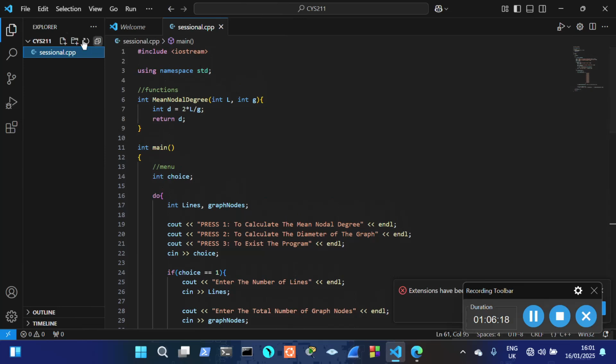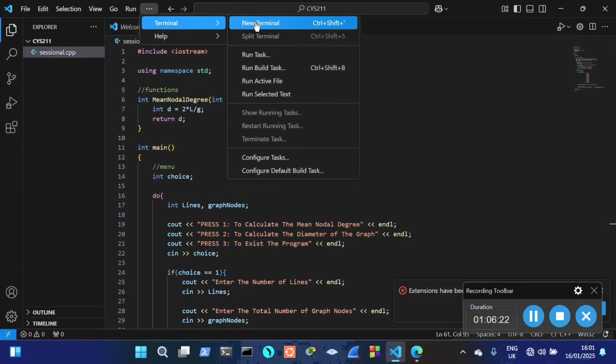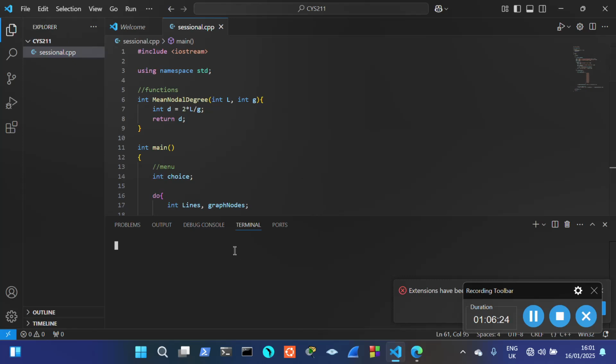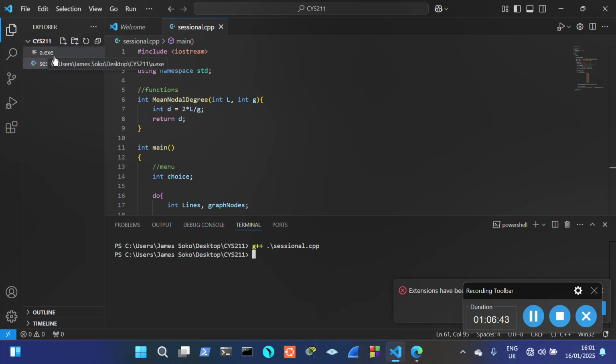We'll come to our terminal, new terminal. To run this program, we need to say g++ and the file name, sessional.cpp, then enter. Then a new file will be created called a.exe. We need to run that executable file by saying a, then tab on our keyboard.